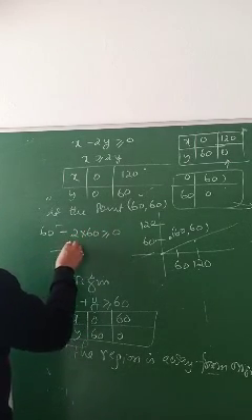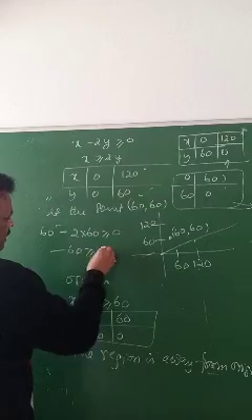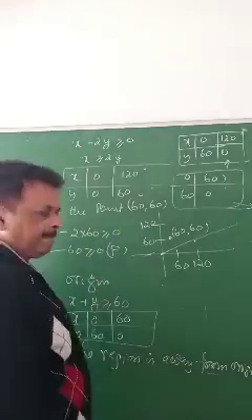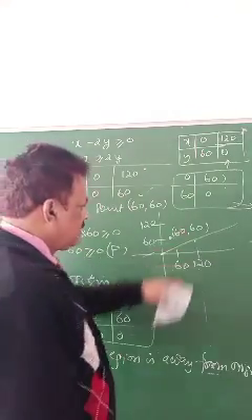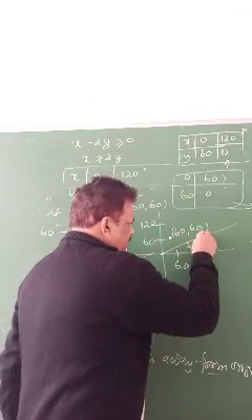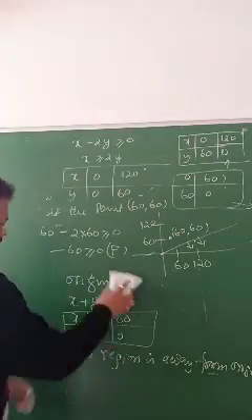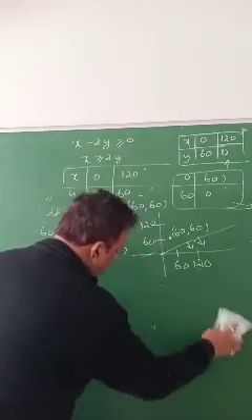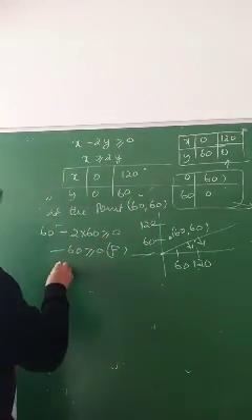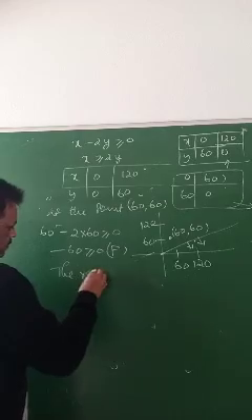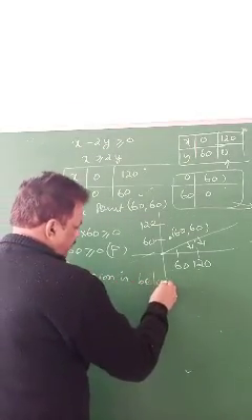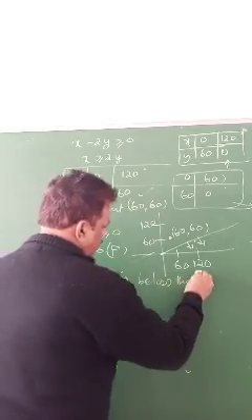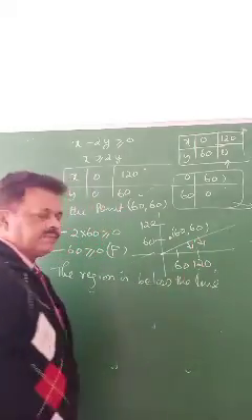That means minus 60 greater than 0, which is false. False means the area is not towards this side, the area is towards the other side. The region is away from the point. The region is below the line.